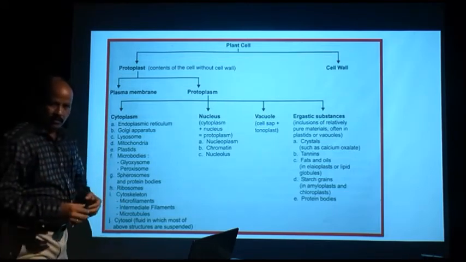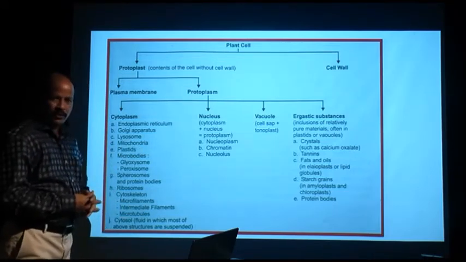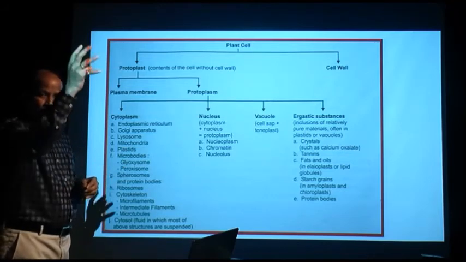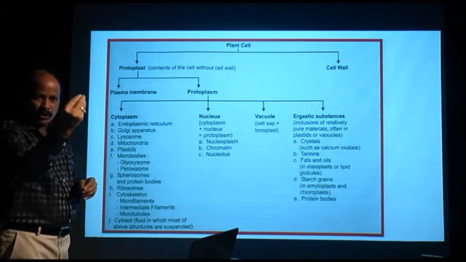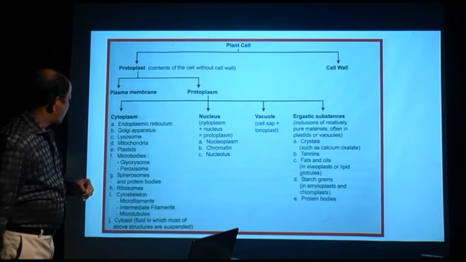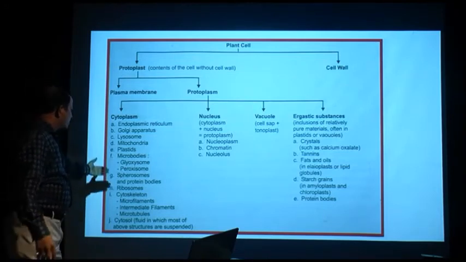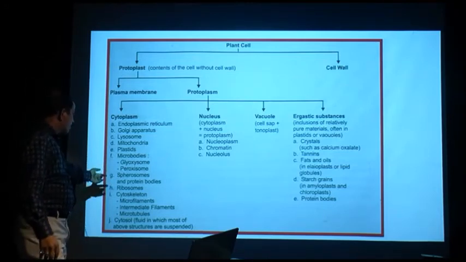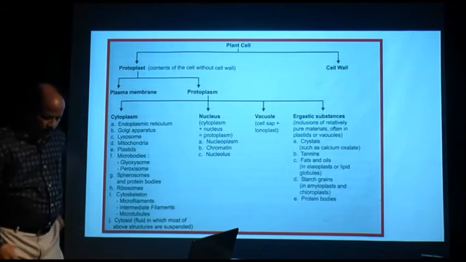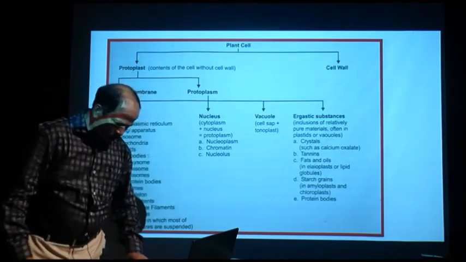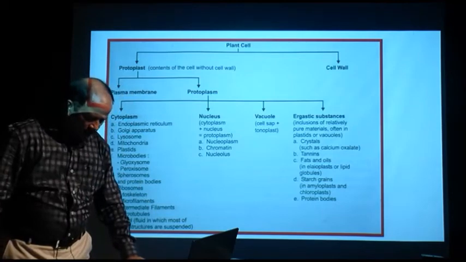Plastids, especially the green plastids, convert solar energy, radiant energy, photon energy, to the chemical energy of carbohydrate. And the microbodies have different roles. Ribosomes, the workbench of protein synthesis, and towards the end I told you the cytoskeleton.